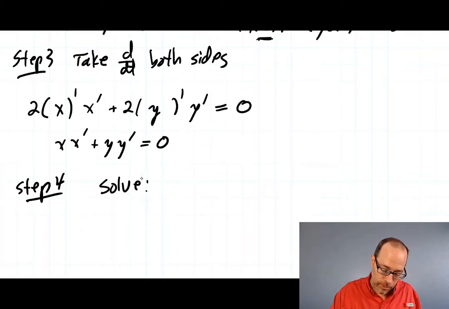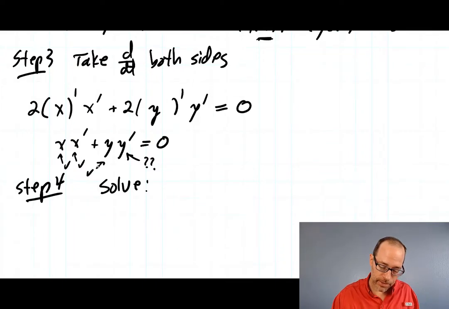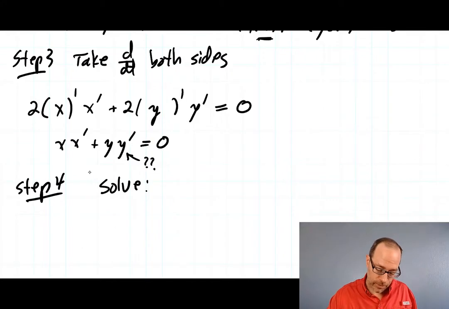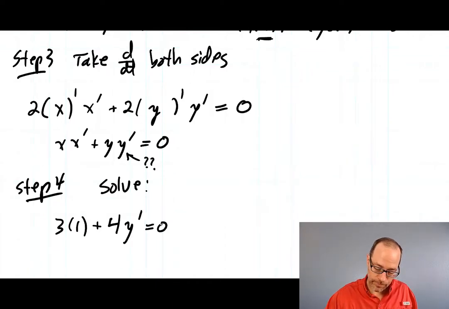So remember, we were looking for y prime. That was what our question was. But we know all these other numbers. Okay? We know them all, so we're just going to plug them in and find the answer. All right. So x was 3, x prime was 1, y was 4, and y prime we were trying to solve for.